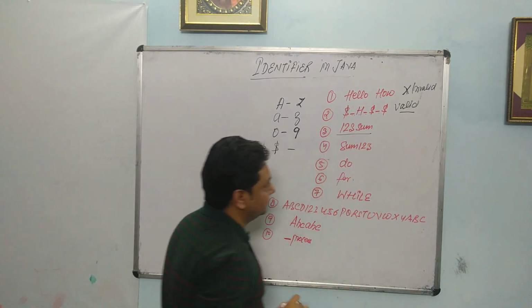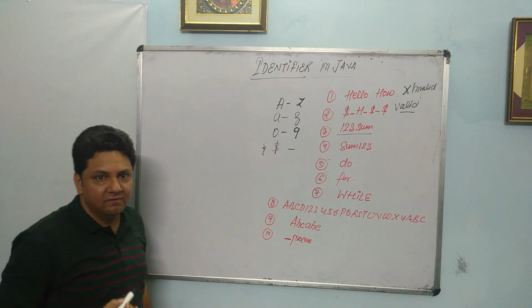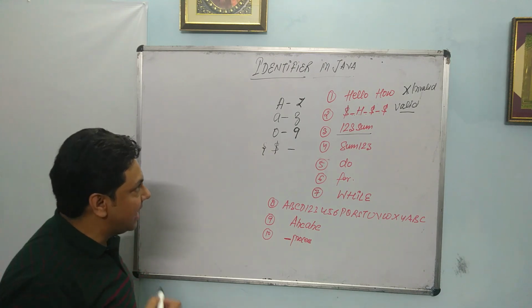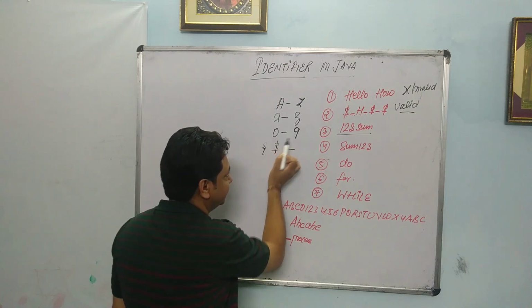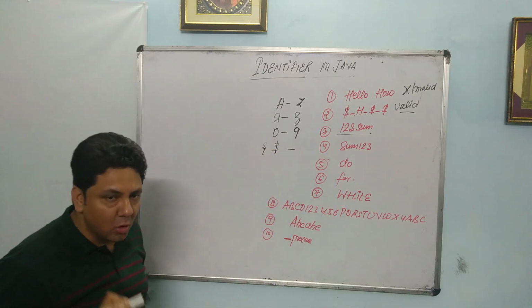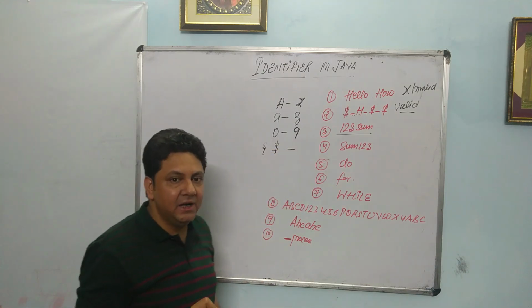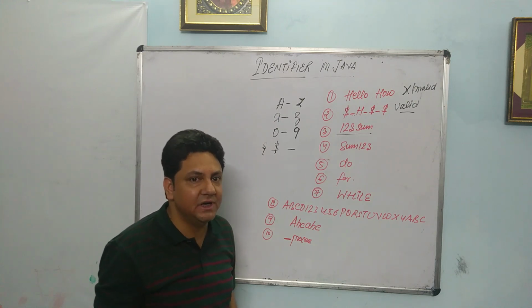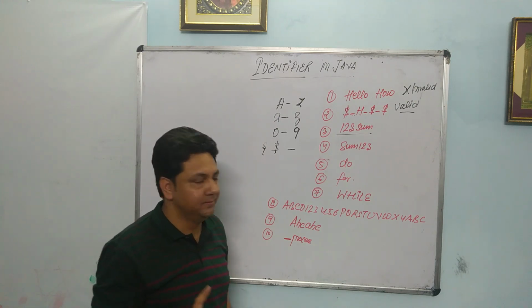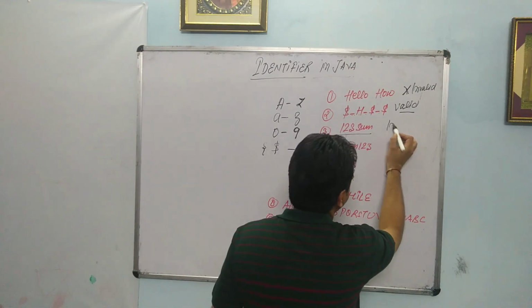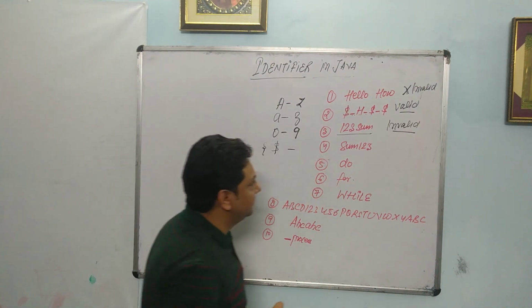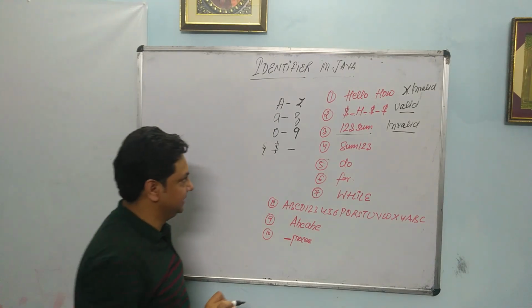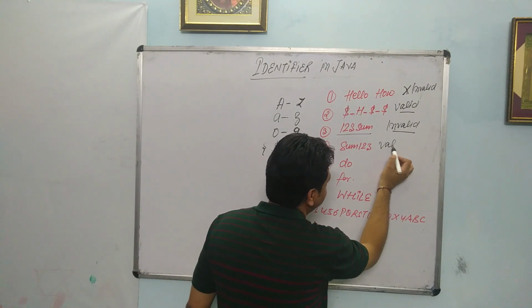1 2 3 sum, is it valid or invalid? It's absolutely invalid. We can use the digits from 0 to 9, I agree, it's okay, but any identifier cannot start with a digit. It's a strict rule, so it's invalid. Sum 123 is absolutely valid.